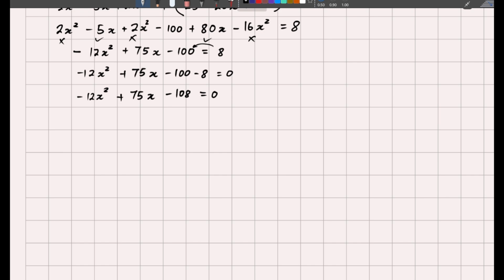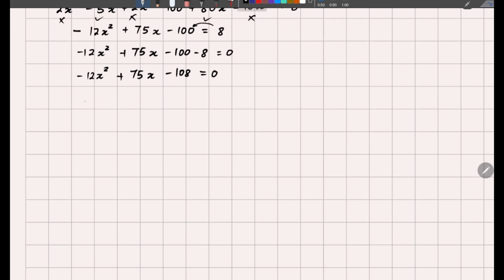Now, guys, we are going to actually use the quadratic formula here. This is because in case we are in the exam and we're confused, my go-to is the quadratic formula. Now we know that that's a, b, c. Simple, easy, fun.